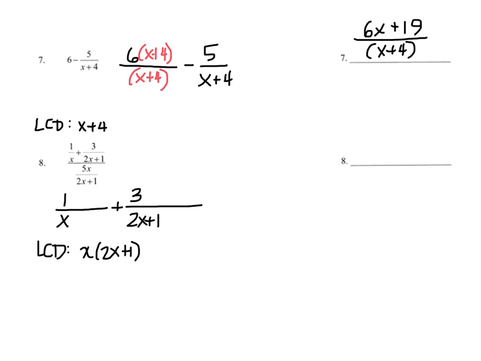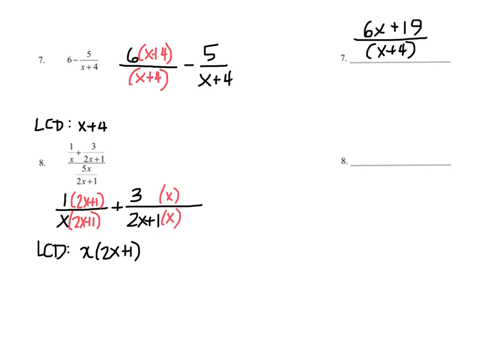I can't make the LCD 2x plus 1 because how am I going to change this to 2x plus 1? Multiply by 2, I get 2x. Multiply by 3, I get 3x. I need this as a factor in the denominator and this as a factor in the denominator. So this first fraction is missing 2x plus 1. And the second is missing x.